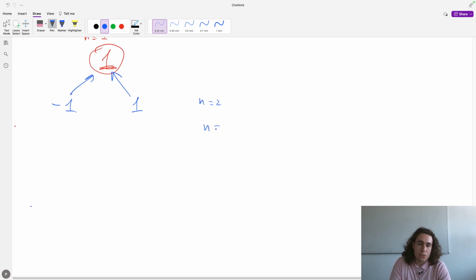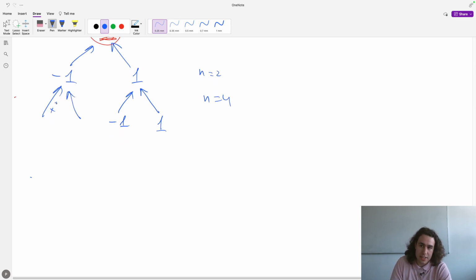But when n is equal to 4, we cannot use real numbers anymore, and we need to go to complex numbers, right? Because we need some numbers such that if we square them, we get minus 1 and 1. For 1, it's easy, right? It's again 1 and minus 1. But for minus 1, we don't know how to do that in real numbers, right? We need x squared equals minus 1. But if we use complex numbers, that's not a problem. It's just i and minus i.